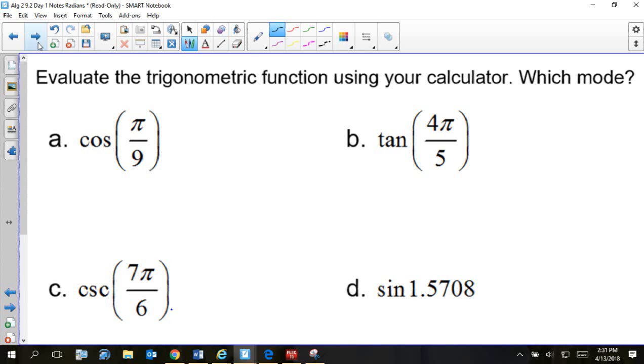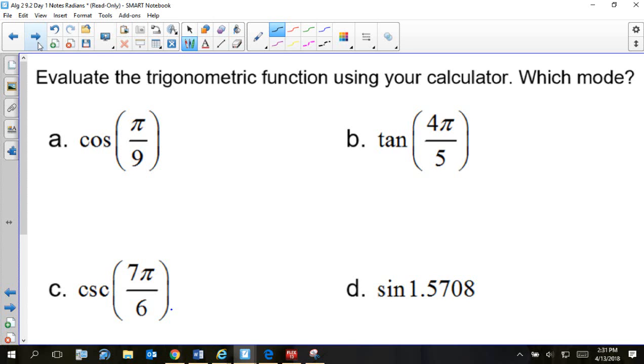Now, type in cosine and use the pi button. The pi button is like second caret. We always use pi. I was talking about when you were looking up that radian where it has like 3.14159.